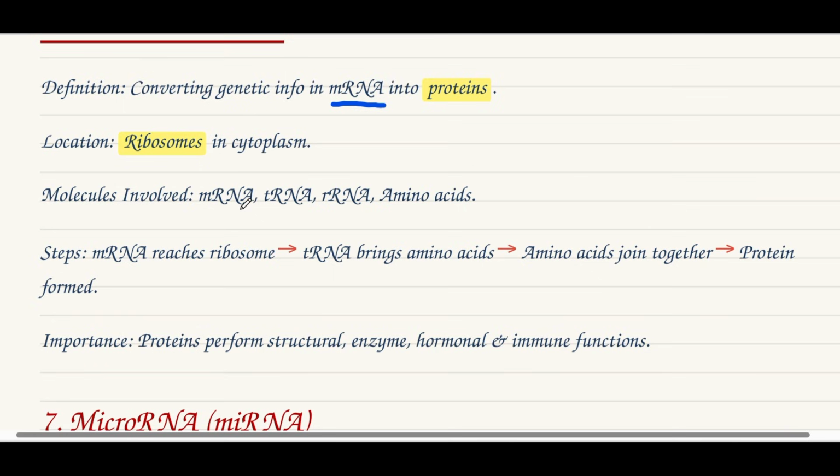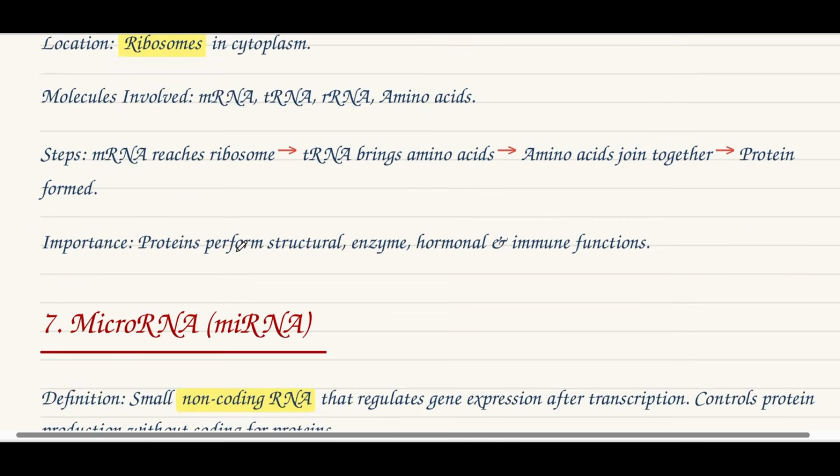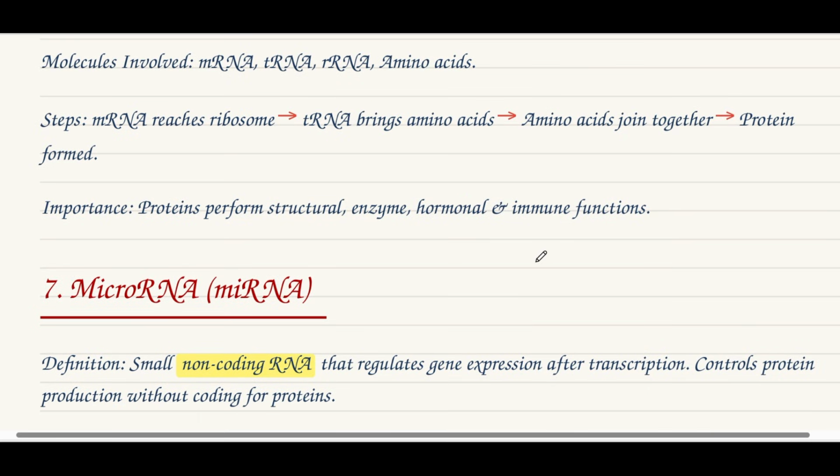The messenger RNA is what we did in the transcriptome. The steps: mRNA reaches the ribosome, then transfer RNA brings amino acids, and the amino acids join together to form protein. It's very simple. Proteins perform structural, enzymatic, hormonal, and immune functions also.